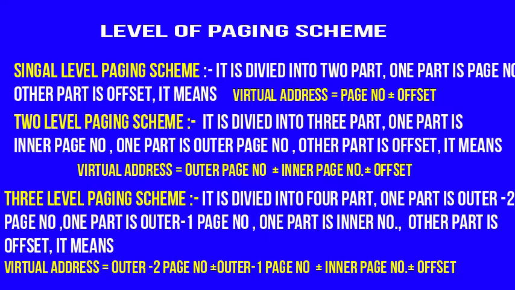These are the tricks to solve single level, two level, and three level paging schemes. It is also called multi-level paging scheme. First of all, you find the virtual address, which you get as page number plus offset.